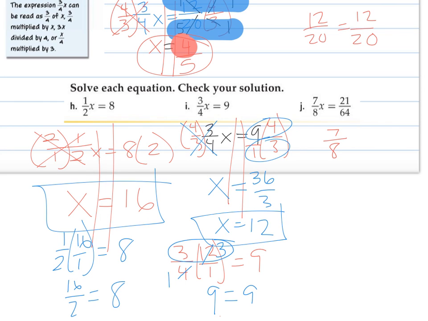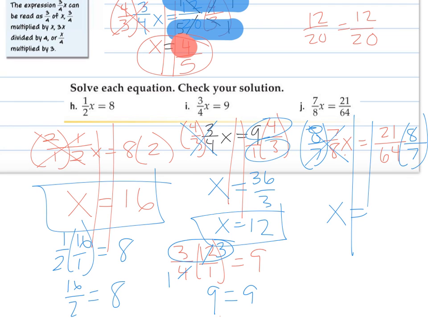Last one here of these. 7/8 of what number is 21/64? Multiply by the reciprocal, which is because you're dividing, and cancels for x equals, I'm going to cross cancel here because these are big numbers I don't want to multiply. 7 goes into 7 once, goes into 21 3 times. 8 goes into 8 once, goes into 64 8 times.